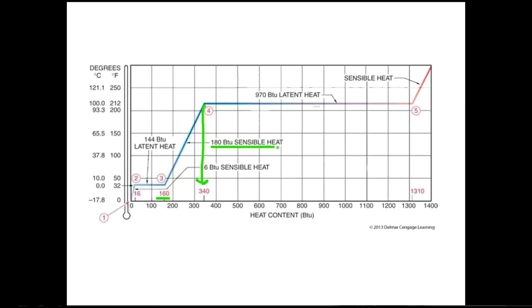That's not a lot of energy in the form of molecules in motion. So raising the temperature of something really doesn't absorb or release a lot of heat. But when we hit this point right here where it's at its saturation point, and we take that pan of water and we turn it from liquid into vapor, it takes 970 BTU of latent heat to do that.